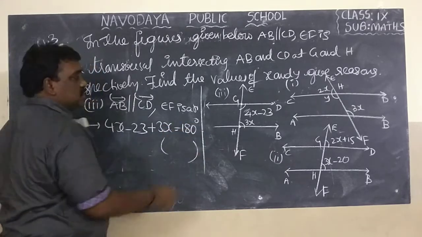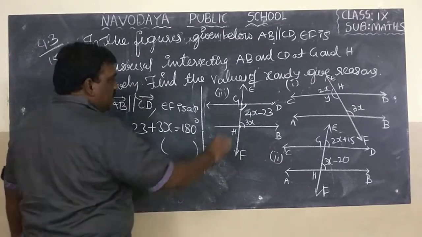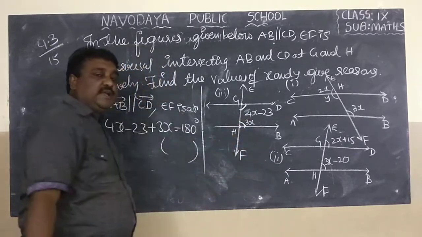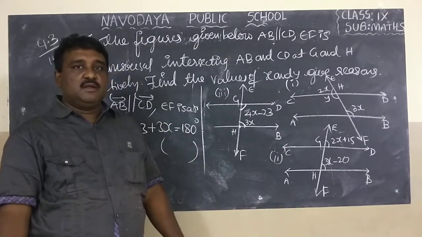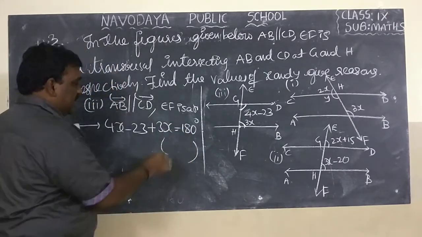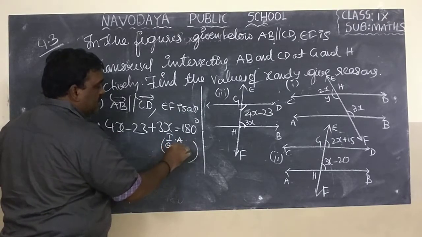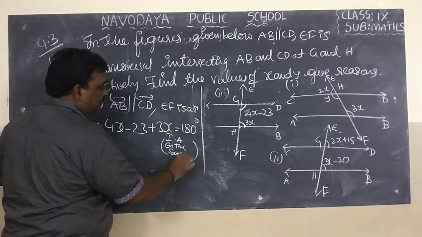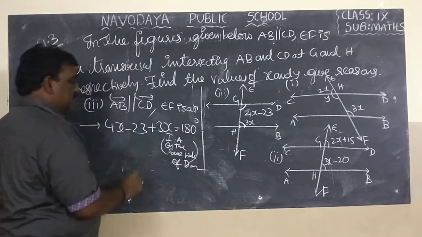What is the reason? 4x minus 23 is what? Interior angle. 3x is what? Interior angle. They lie on the same side of the transversal. So automatically the sum is 180: interior angles on the same side of the transversal. That is the reason.